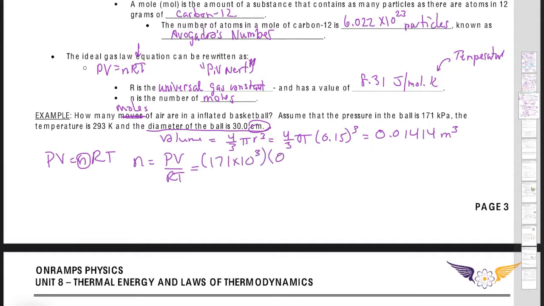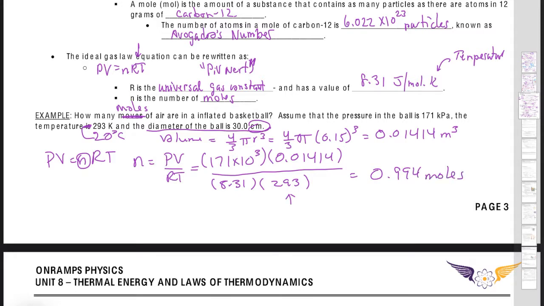We found our volume to be 0.01414, R 8.31, and T 293. Okay. If this is given to you as 20 degrees Celsius, you must convert. Then we plug that into our calculator, and we find that there's 0.994 moles inside this basketball.